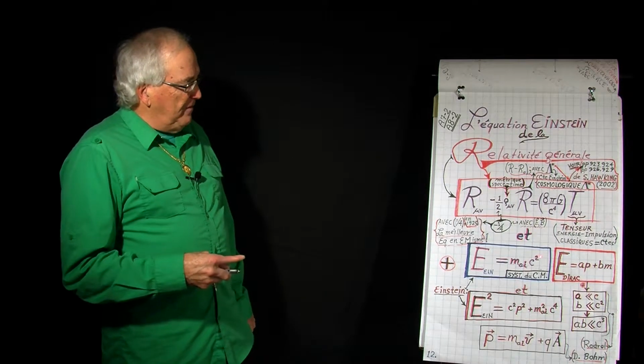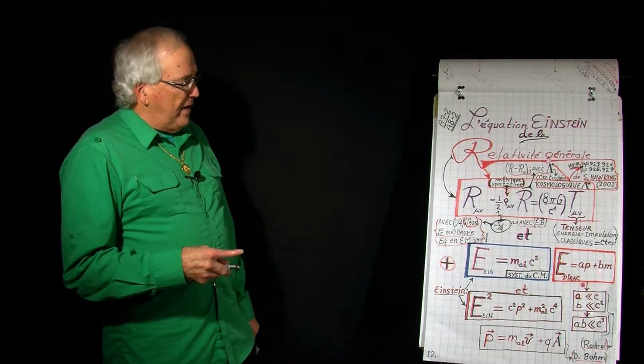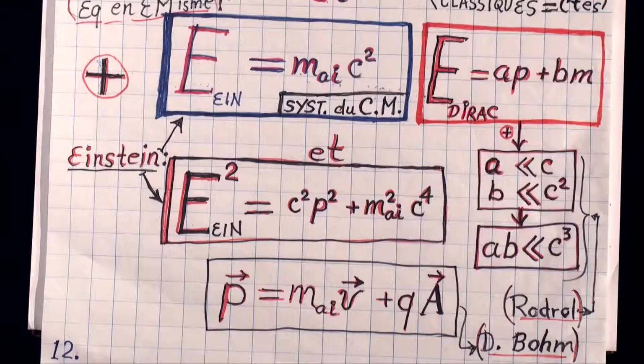And on top of that, I would add the Dirac equation, where he has taken A as the multiplier of impulse and B as the multiplier of the mass in the energy. If you replace the square of this energy with the Dirac equation, you end up with an equation which will be different from that.